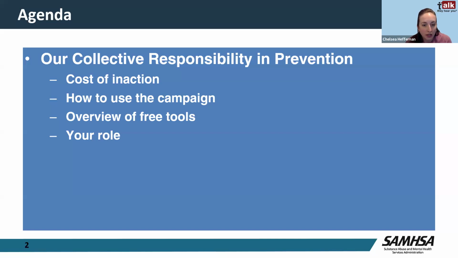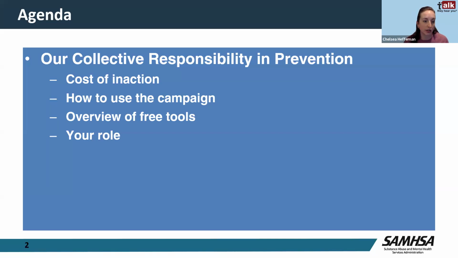So here's our agenda. First, as school-based prevention leaders and school professionals, you all understand probably the best the cost of inaction. Any missed opportunity that we have with youth, be that in their education or specifically with their substance use, it can show up later in school strains, health disparities, unmet needs, and the list can go on and on.